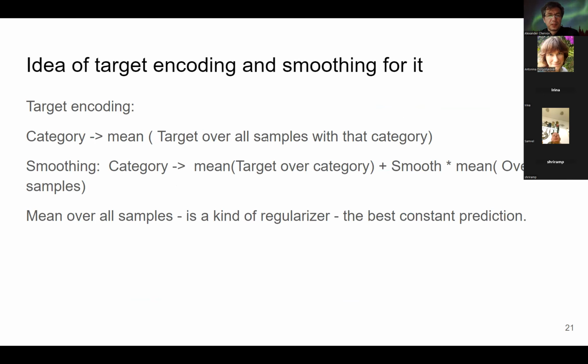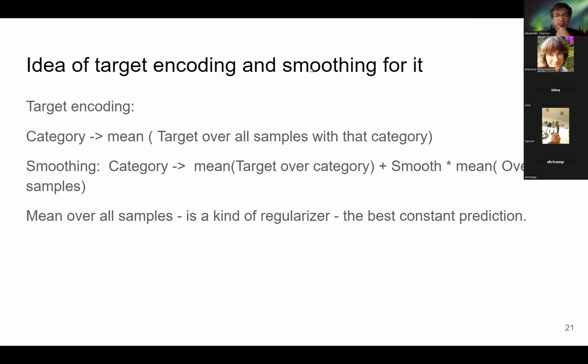That means we have many samples for which this feature equals one of the categories. We fix the category, calculate the average of the target, and do it for each category. So from the targets, we get the numbers for the categories. This is the encoding.